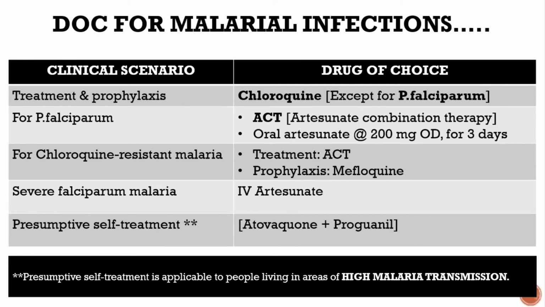In those conditions, presumptive self-treatment is usually used. It is applicable to people living in areas of high malaria transmission, and the combination we usually use is atovaquone plus proguanil.